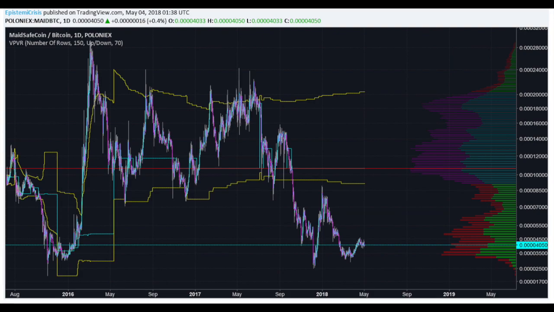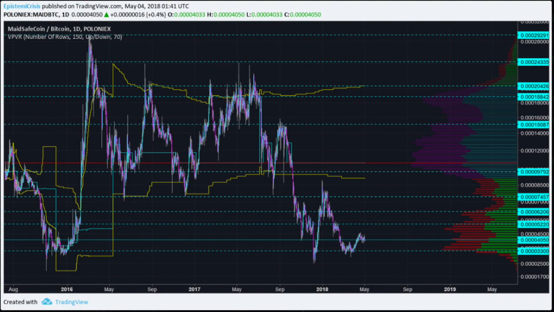So the first thing we want to do is grab VPVR, which is volume profile visual range. It's one of my favorite tools currently for finding support and resistance levels, horizontal support and resistance. So let us take a look at this.